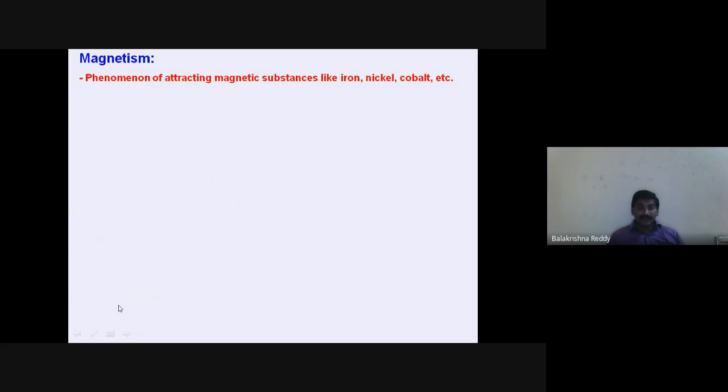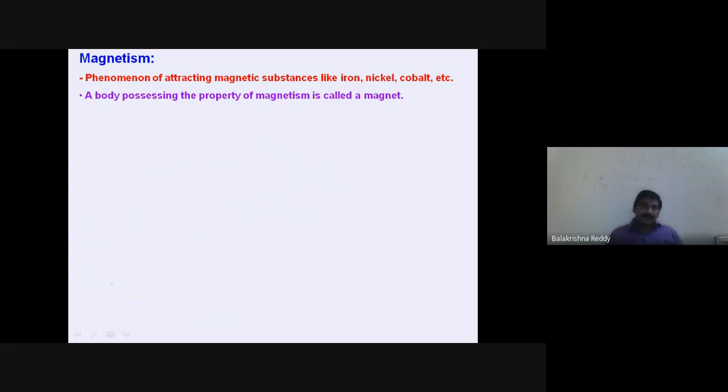Now, the phenomenon of attracting magnetic substances like iron, nickel, cobalt, etc. These are the magnetic materials. You might know this from our earlier classes. Long, long ago, how was this magnet found, where did it come from? There was a story. A shepherd was going across the forest.